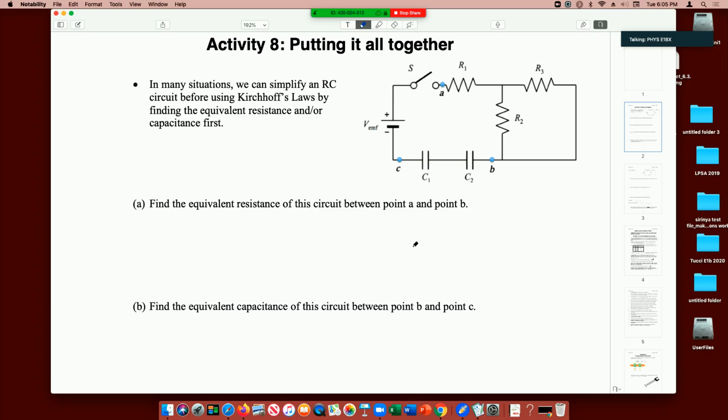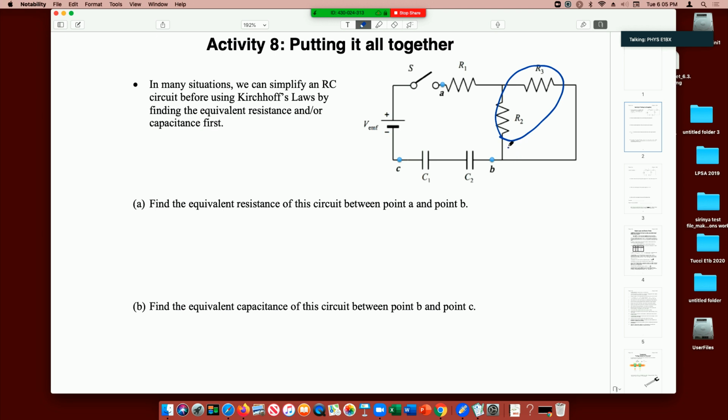Okay, so what would be the first thing you would do if you saw this circuit? What would be the first step in trying to analyze it? Pardon? Yeah, you'd find the equivalent resistance. So I would first add those together, and these are in parallel.